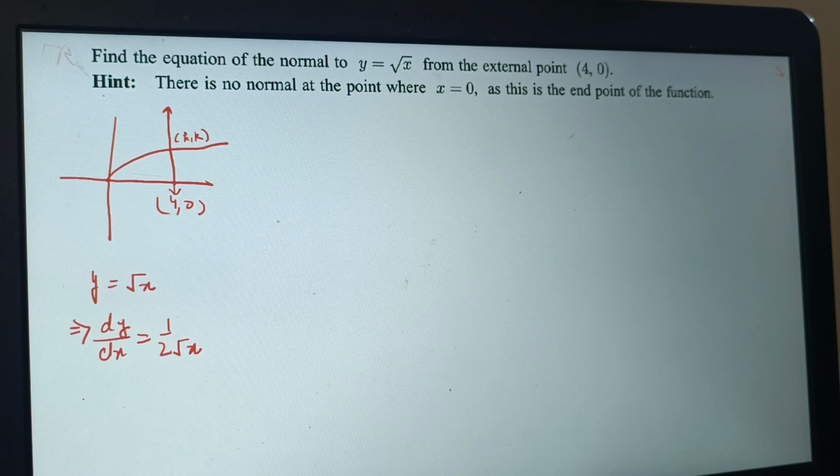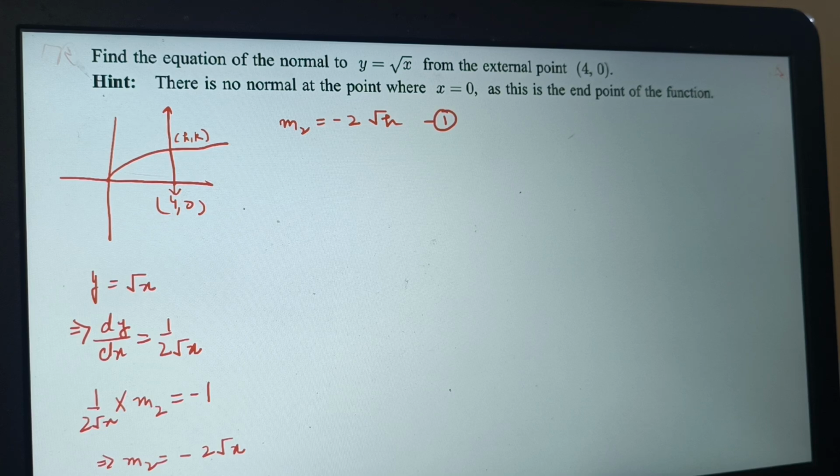So the slope of the normal, m2, satisfies 1 over 2 square root of x into m2 equals -1. Solving this, m2 is minus 2 square root of x. Since this normal is passing through h comma k, my slope of the normal will be minus 2 square root of h. Let us mark this as equation 1.